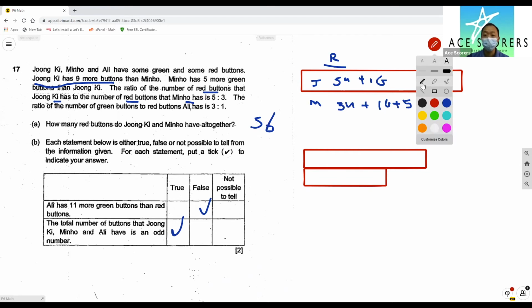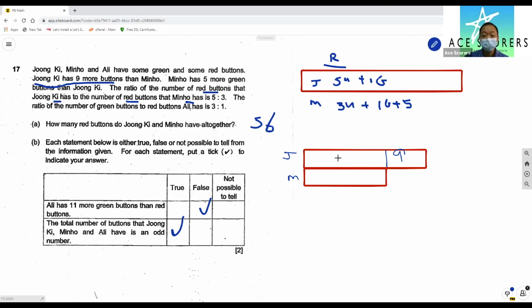So now let's draw blue. Junkie has 9 more than Ming Ho, so J is here, M is here. This is the 9. 9 more, right? Ming Ho has 5 more green than Junkie.